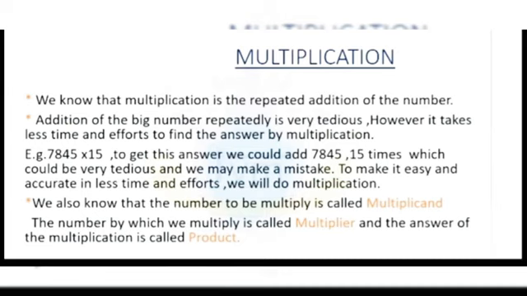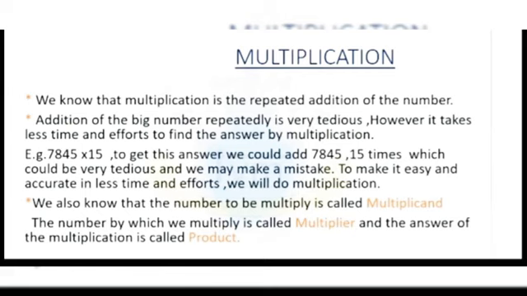Yes, we know that multiplication is the repeated addition of the number. Addition of the big number repeatedly is very tedious. However, it takes less time and effort to find the answer by multiplication.